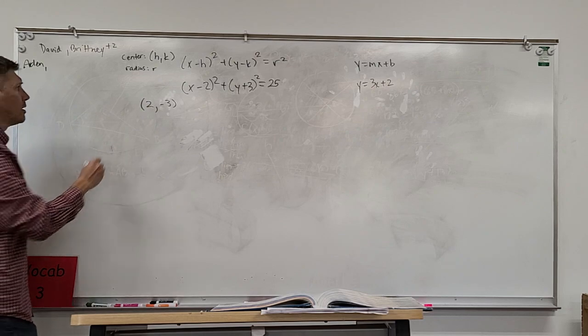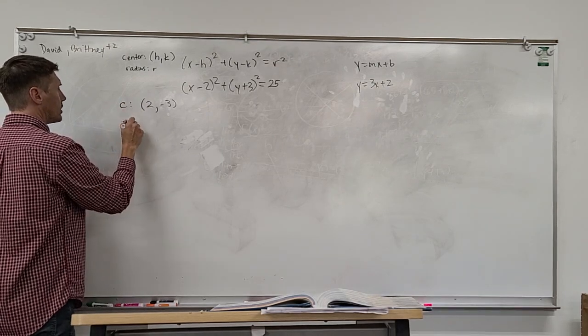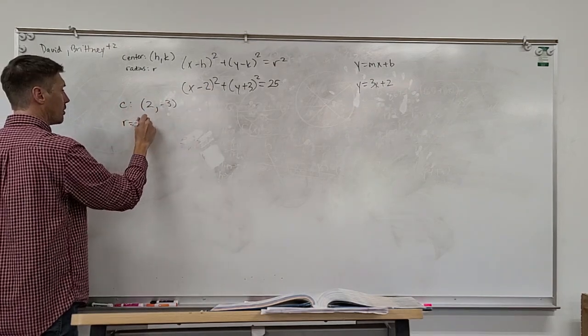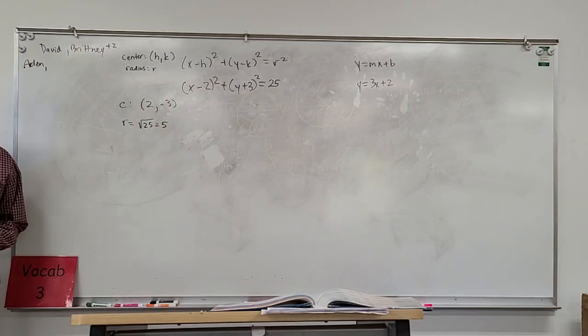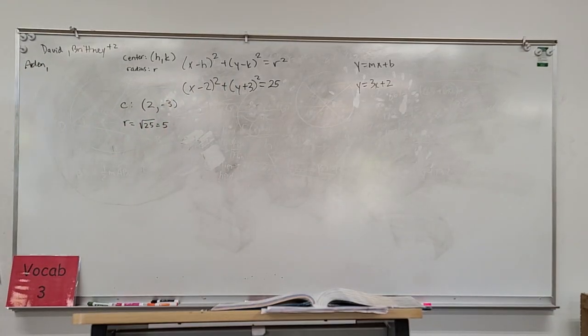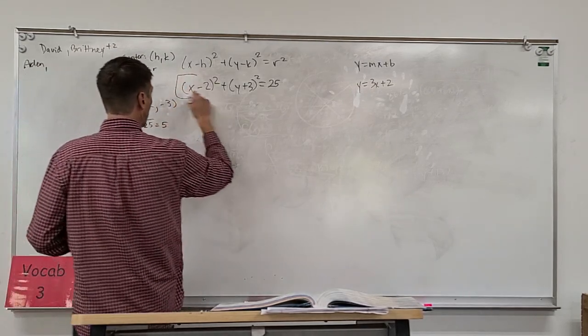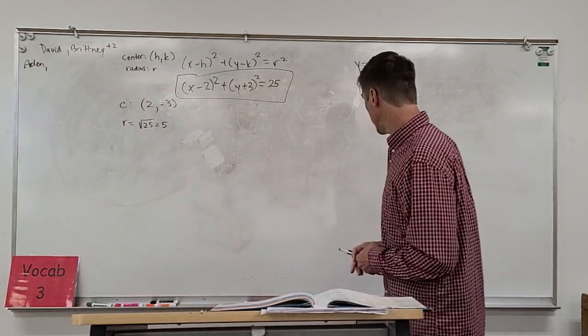And then for r, so this is the center, and r is just going to be the square root of whatever's on the end down there, so the square root of 25. So r in this case is going to be 5, right?